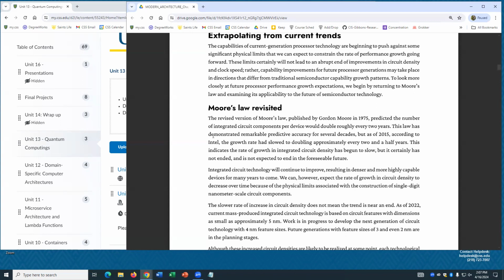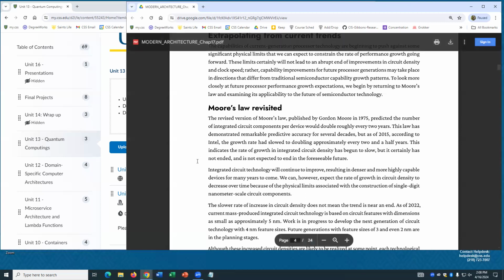And then he extrapolated that and thought that they would continue to double the number of transistors on a circuit frequently. I think originally it was actually 18 months. And then for a while we were saying 2 years. Now it's maybe slowed to every 2.5 years, but we still see them shrinking.